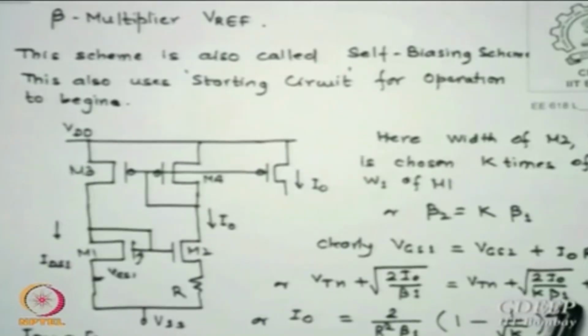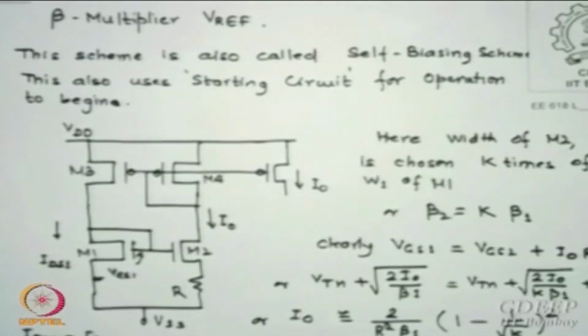So I do not have to write beta 2, I write k beta 1, and then I0R. Collect the terms of I0 by quadratic equations, and roughly this may come to 2 upon R square beta 1 times 1 minus 1 upon root k.